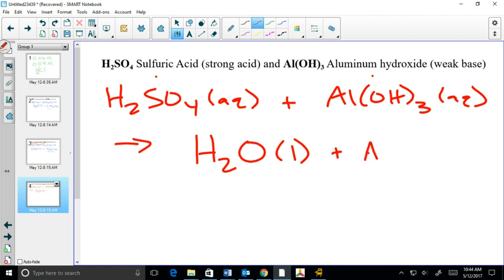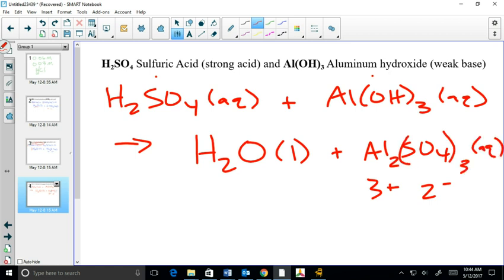In this case, aluminum sulfate. Now, aluminum is a 3 plus and sulfate is a 2 minus, so we can see those are not balanced. I need 2 of these and 3 of those to make this a balanced compound.